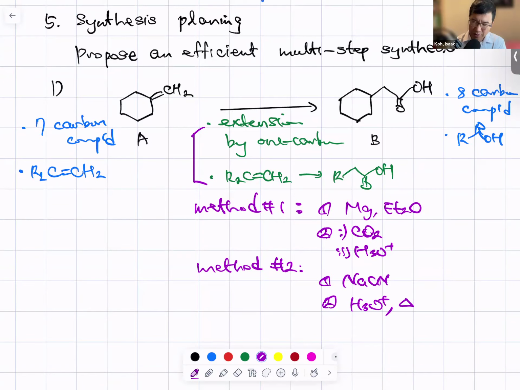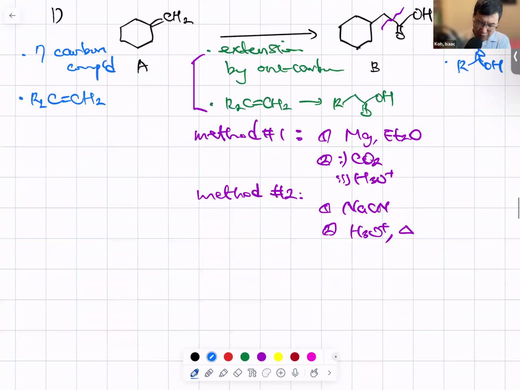All right, so this is a new carbon-carbon bond. Now let's try both of them. Can we try both of them? Yes, I think it'll work. So first, retrosynthetic analysis.